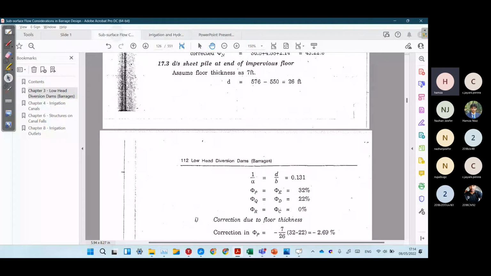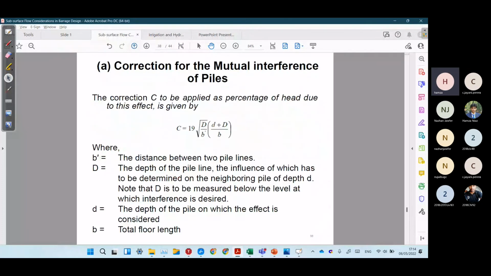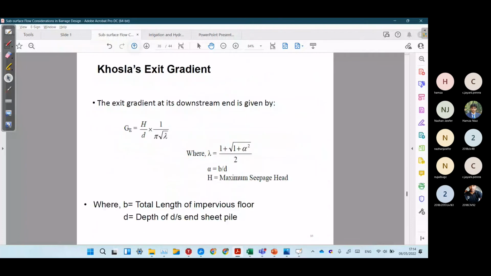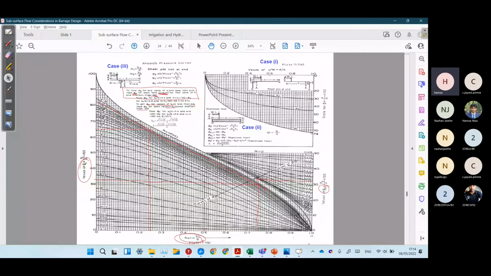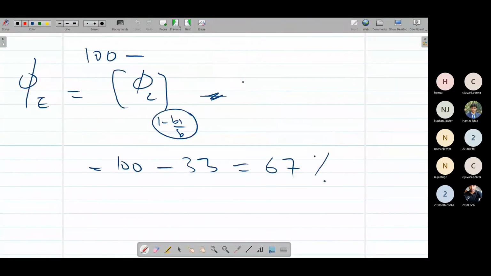Just for downstream, the difference would be, for intermediate, we have to use this graph again. For downstream, we just have to use this graph, in which we use these phi D and phi E values. For downstream, we know that phi C value is 0. Why?